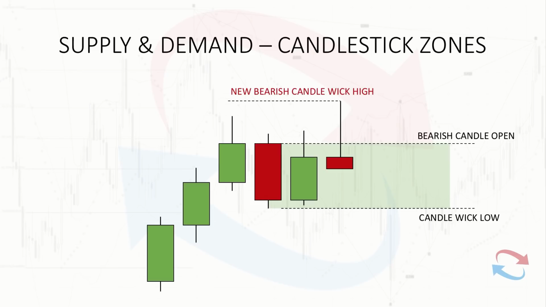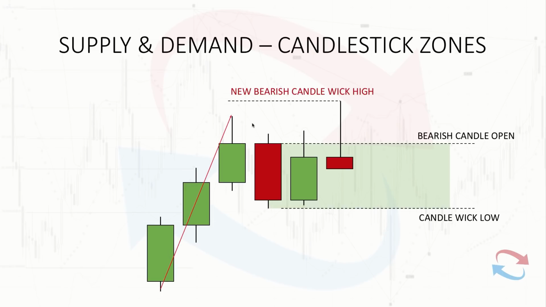So if we get a situation where a new high is made, but it's made by a bearish candle, then we still have a demand zone, because we still have a higher high and higher low sequence. So let me get this tool, because this is what you're really looking for.